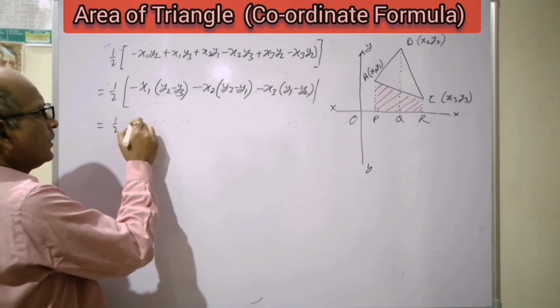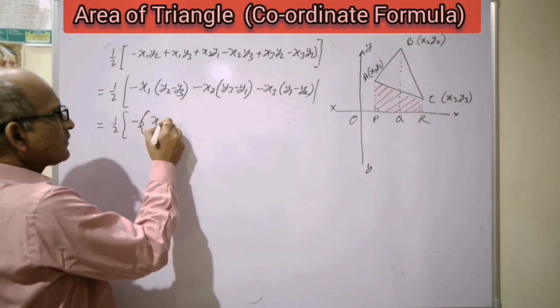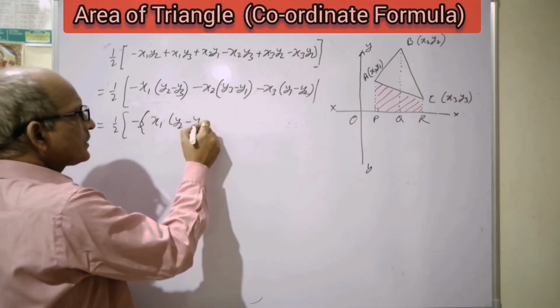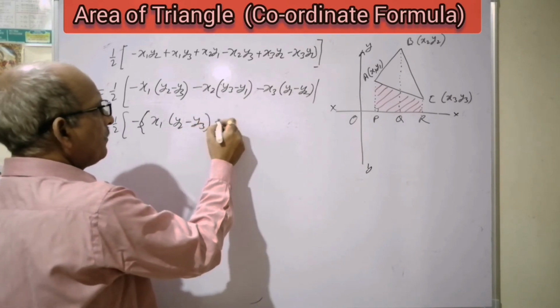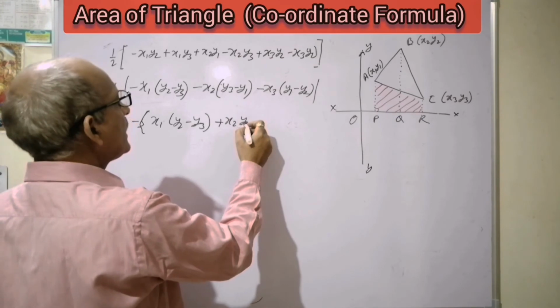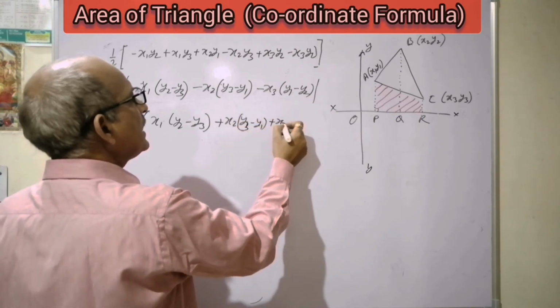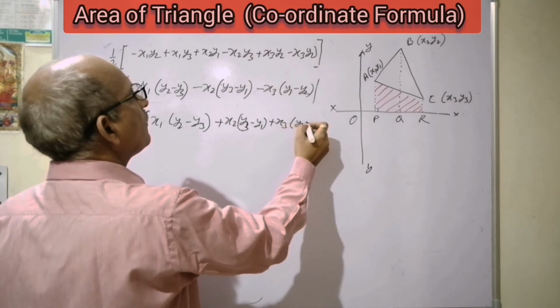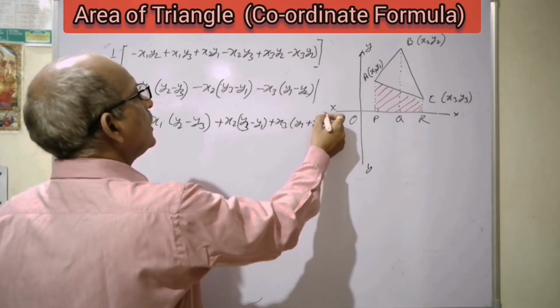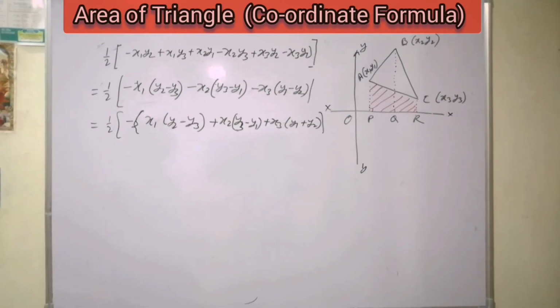So 1 by 2 in bracket minus x1 (y2 minus y3) plus x2 (y3 minus y1) plus x3 (y1 minus y2). That is area. Since it is area, we cannot take it negative.